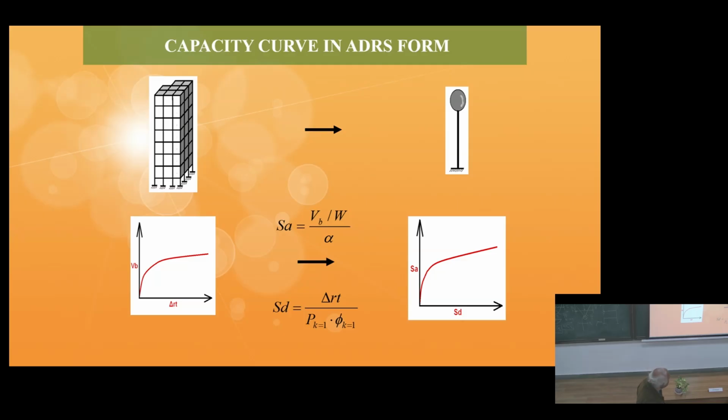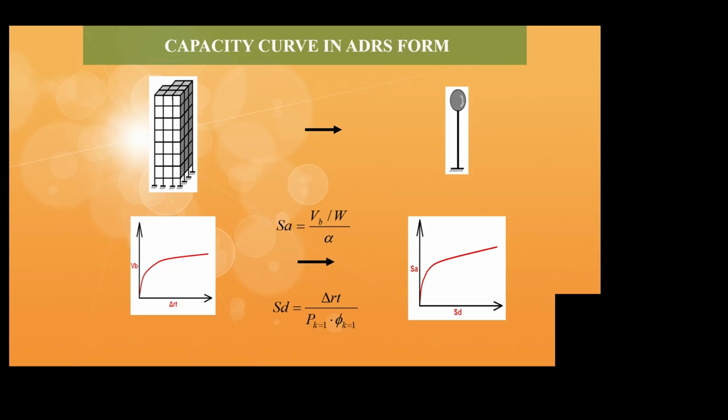What is an SA and SD plot? That I'll explain a little later. But the important thing is that we convert this into this format by some means, and that is how it is done. Okay, with the help of this formula. How we come to this again, I'll explain later.